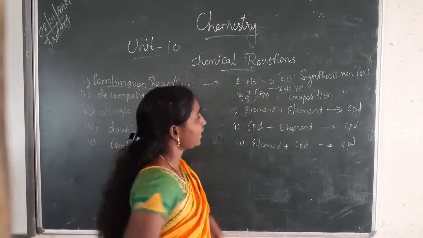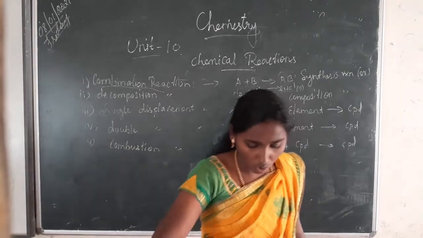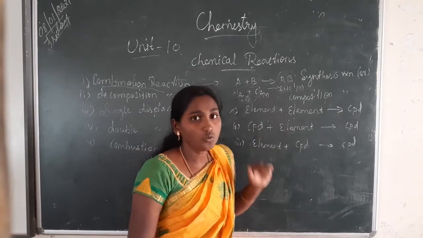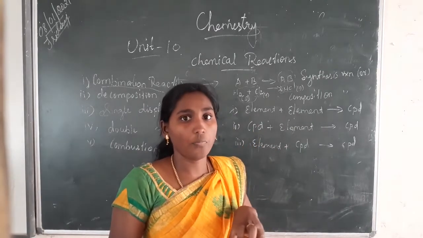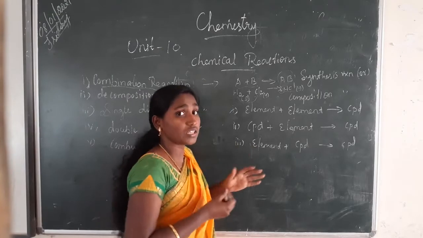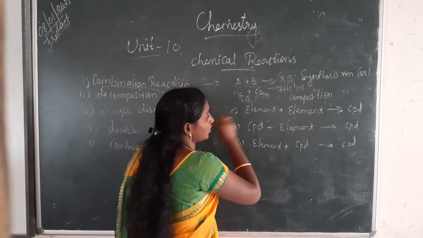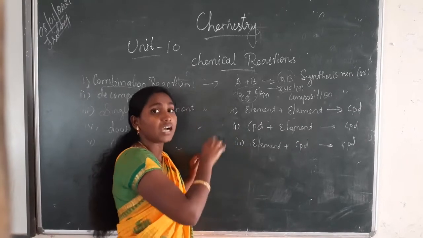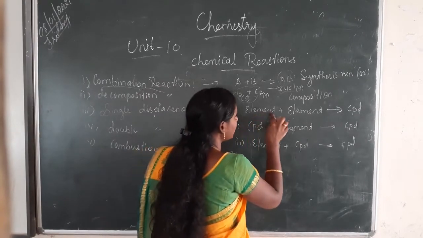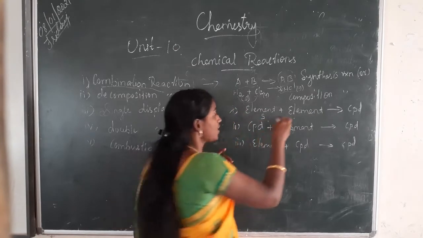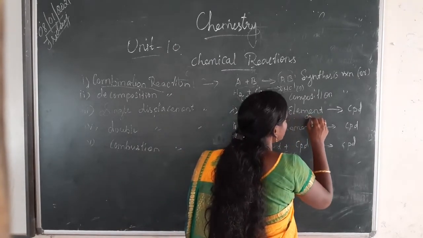So element plus element gives compound. In this type of combination reaction, two or more elements combine together. For example, one element we can take as sulfur, another element is oxygen.